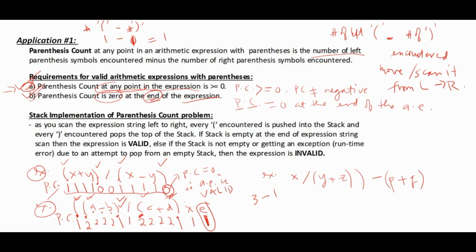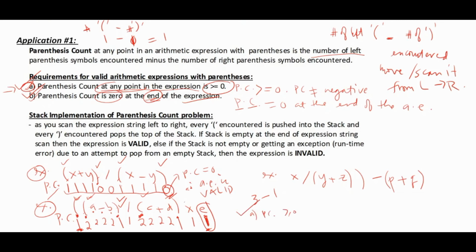So let's check the two requirements. First requirement, that the parenthesis count at any point in the expression is greater or equal to 0. So from the leftmost symbol to the rightmost, at every point, the parenthesis count is greater or equal to 0.